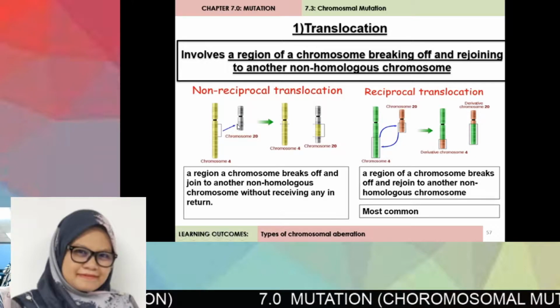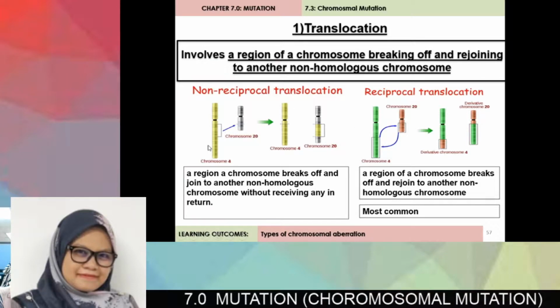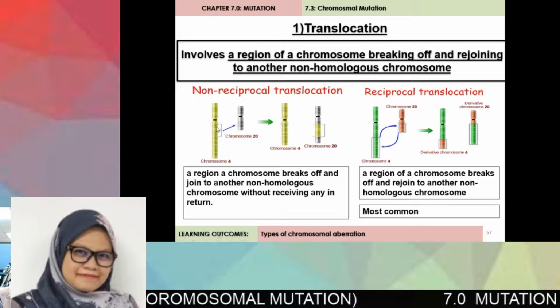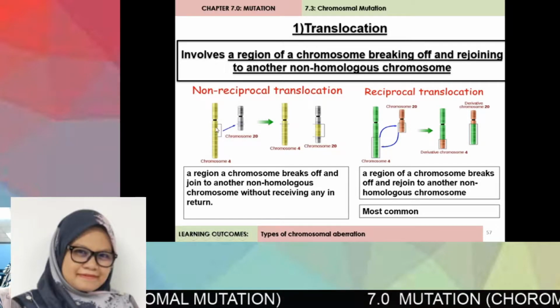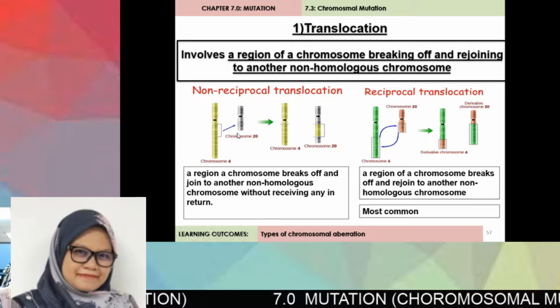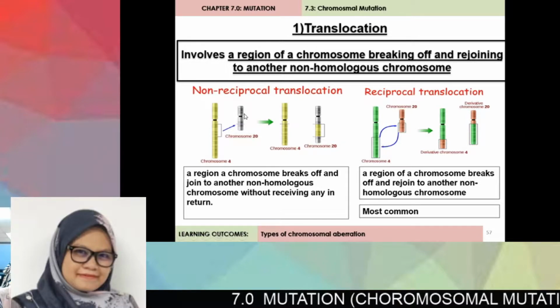So what happened is, this is called non-reciprocal translocation. The segment from the yellow chromosome is being broken, and then the broken segment joins with the non-homologous chromosome, which is presented by the blue color here.